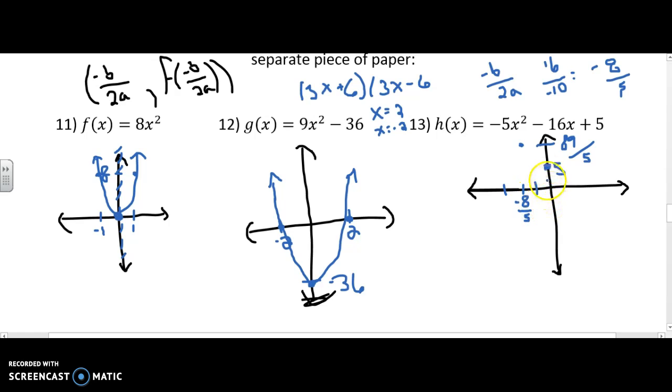We went 8 fifths this way to get here, so really I want to go another 8 fifths this way, which would be negative 16 fifths, the equidistant one away, which is a little bit more than negative 3. And that's also where I'm going to have it be 5. And then I'll go ahead and draw my quadratic, which is just lovely again. Okay, and end up with my quadratic.